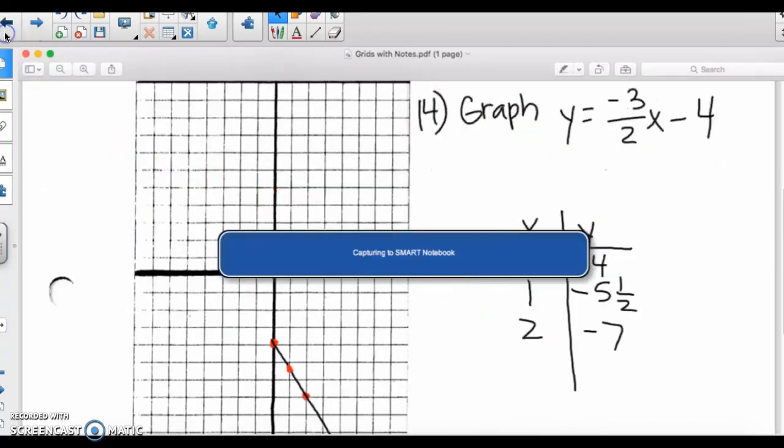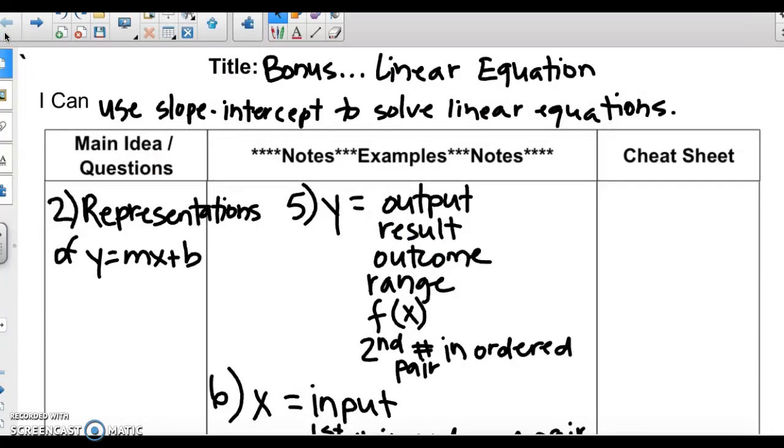Okay, well, we went from a table, right? We were given points and we were able to plug those into a graph, and then we found our slope, right? By counting rise over the run.